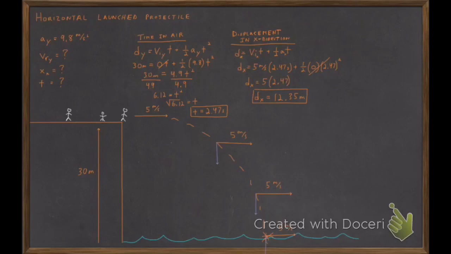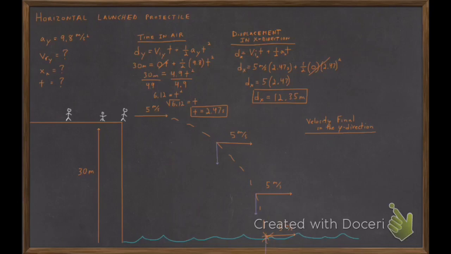And finally, what is the velocity final in the y direction? Or we can say vertical direction. Alright, so what equation will we use to find v final?